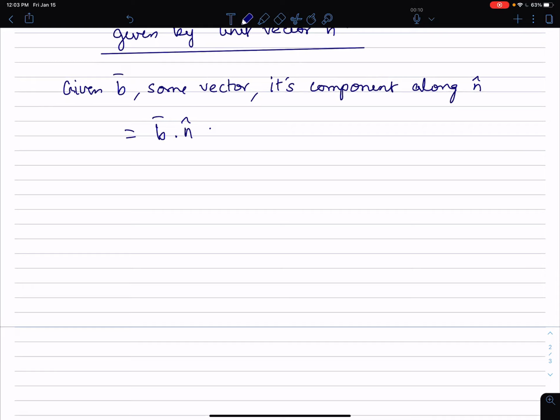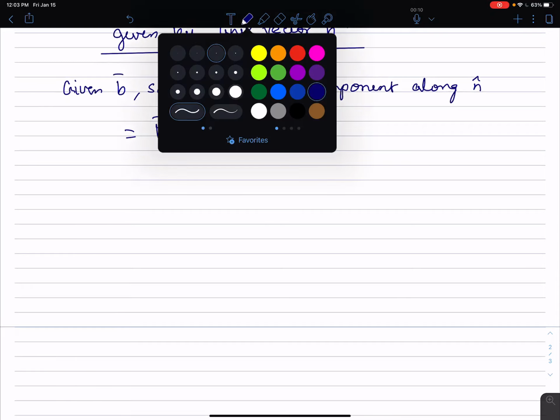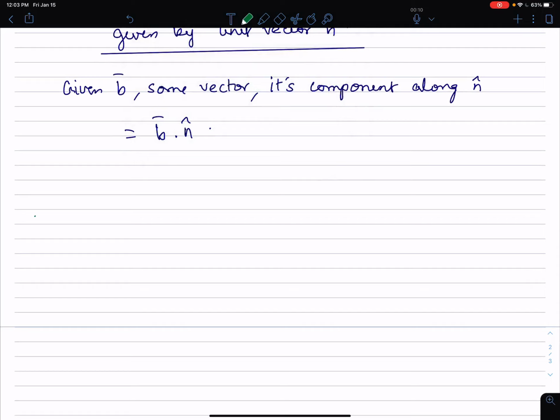So the geometric interpretation, if you are curious about it, is basically if you have n, the unit vector, and b is some vector, the component is basically the projection of b onto this direction.